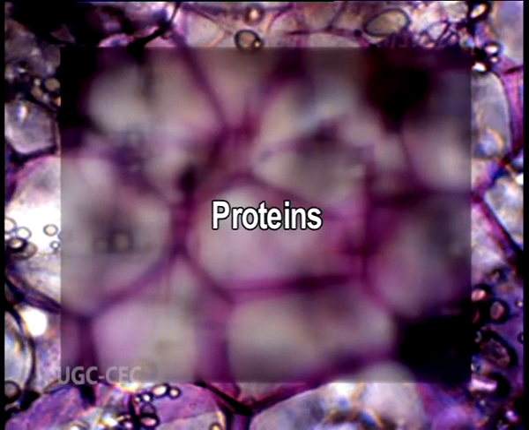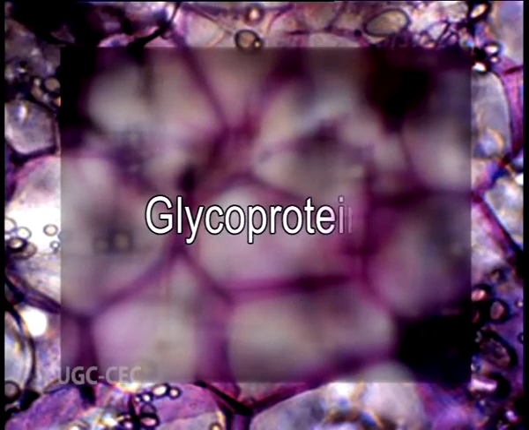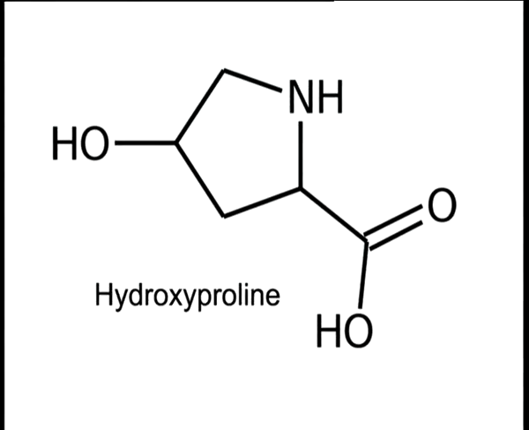Now, proteins. Structural proteins. In addition to the carbohydrates, cell walls contain a variety of proteins. One type of cell wall protein is called glycoproteins, containing carbohydrate side chains on certain amino acids. One common group of cell wall proteins is characterized by having an abundance of the amino acid hydroxyproline.